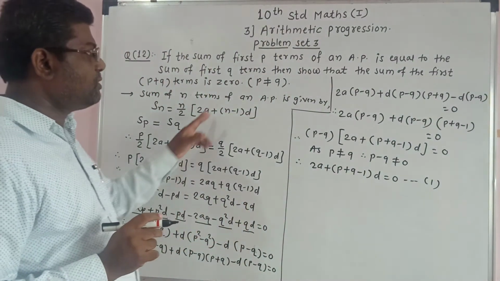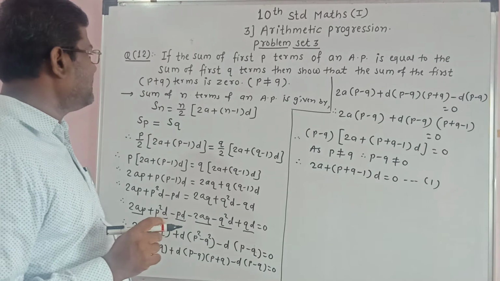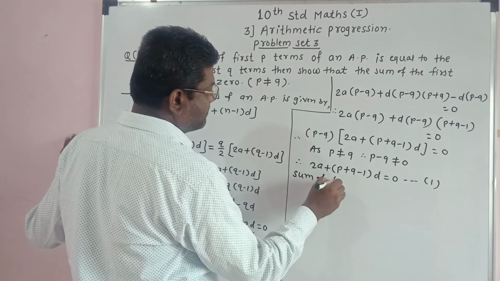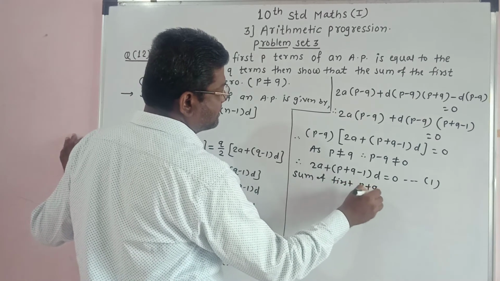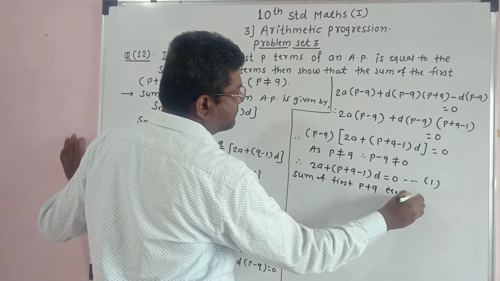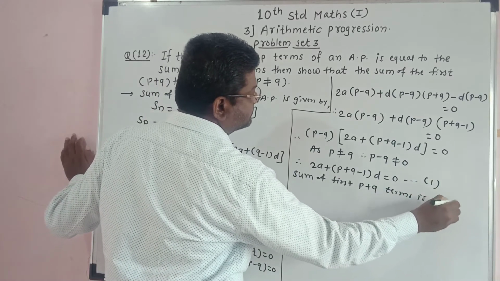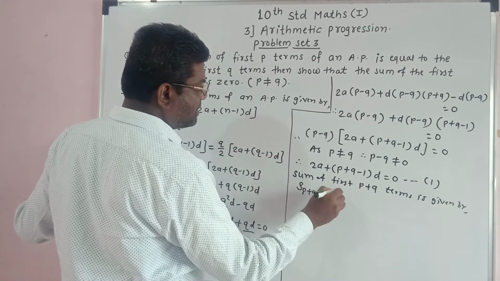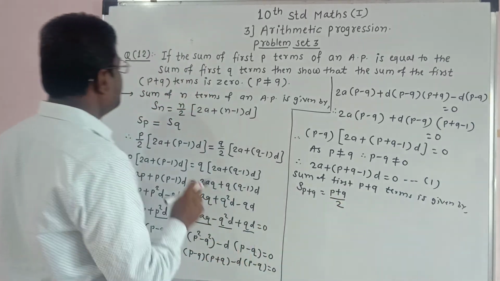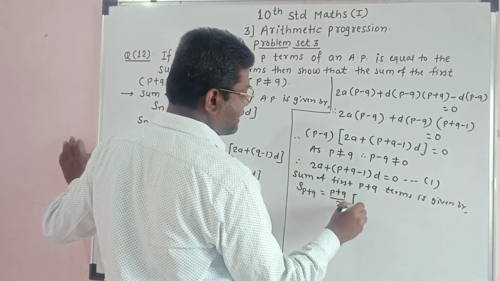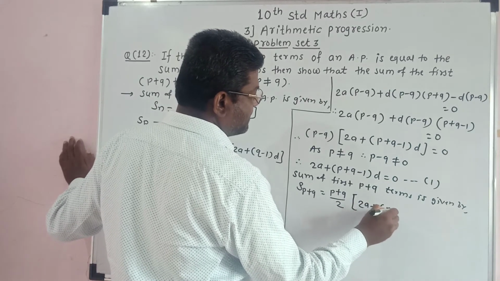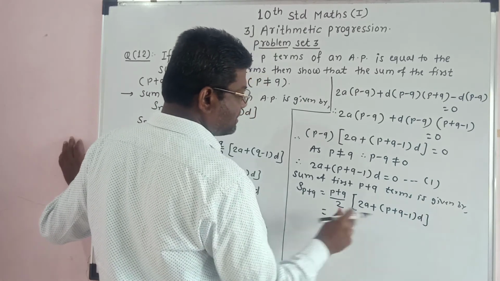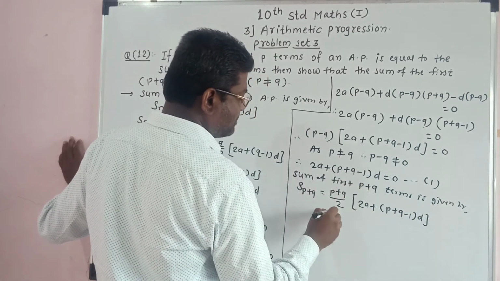Now we have to prove that the sum of first p plus q terms. So we write sum of first p plus q terms is given by S p plus q is equal to p plus q upon 2. We use this formula. So in bracket 2a plus p plus q minus 1 into d, but this bracket here is equal to 0.